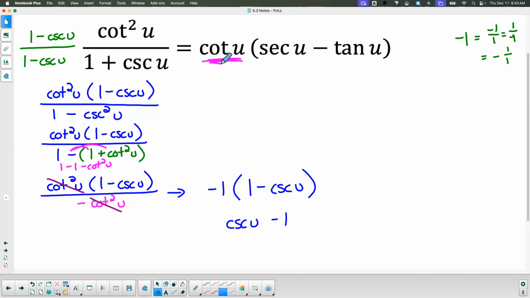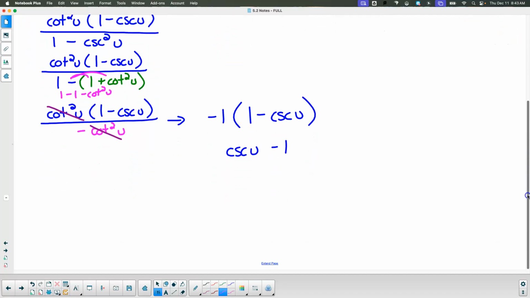Yes, I know it's cosecant, but let's factor out cotangent. So this next term is going to be cosecant divided by cotangent, because when you factor something out, you're dividing by it.